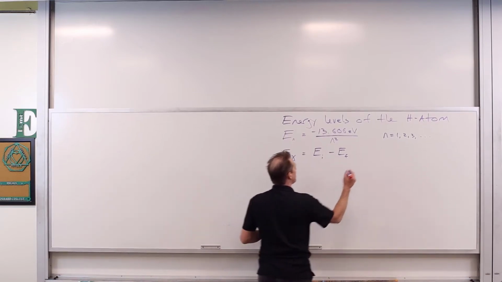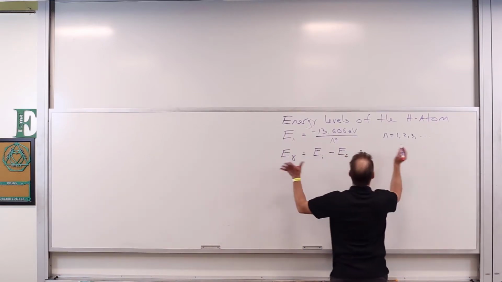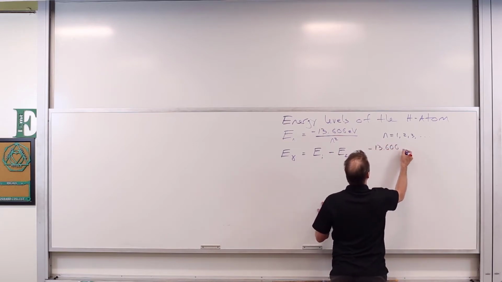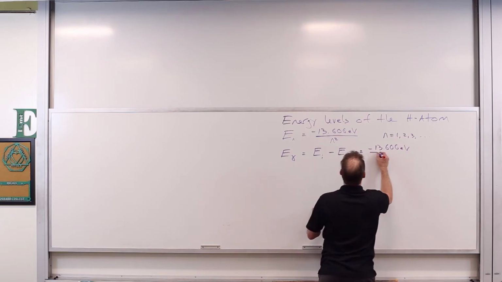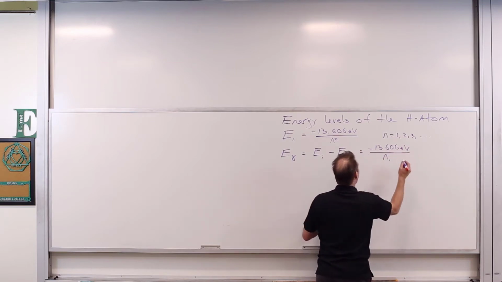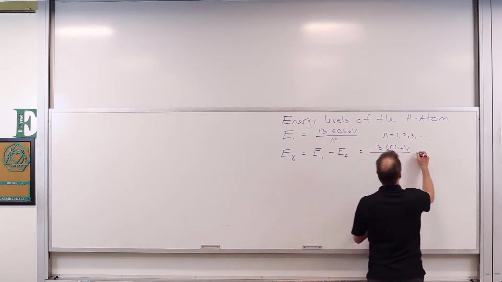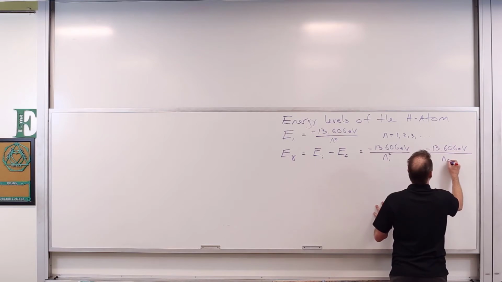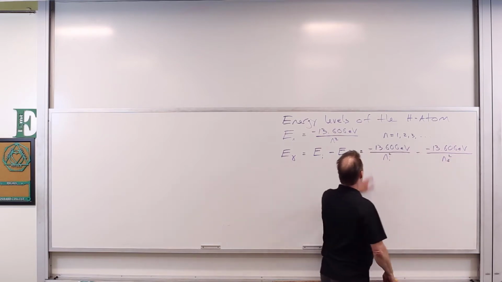So what does this end up giving us? Well, we had written this out before. It's negative 13.606 electron volts divided by n initial squared, minus negative 13.606 electron volts divided by n final squared. We've got negative, negative, negative there.